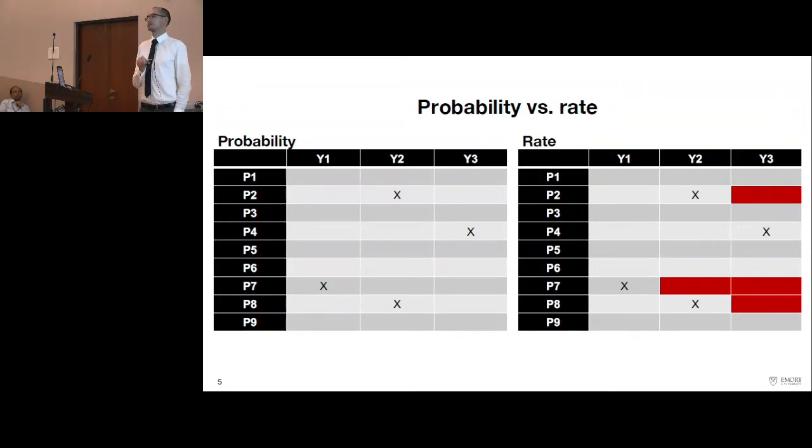Let's say this person 7 got the flu in year 1 and also in year 2 and also in year 3. Is the probability that this person got the flu in the first year the same as the probability of the person getting it in the second year, given that he or she already got it in the first year?